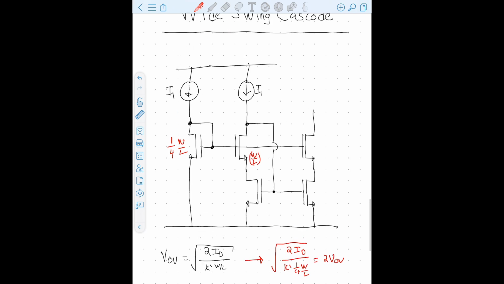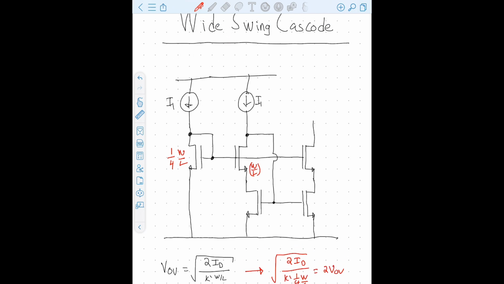So with that in mind, we are going up a VGS here and back down a VGS here. But this is a VGS2 and a VGS1. They are not the same, right?